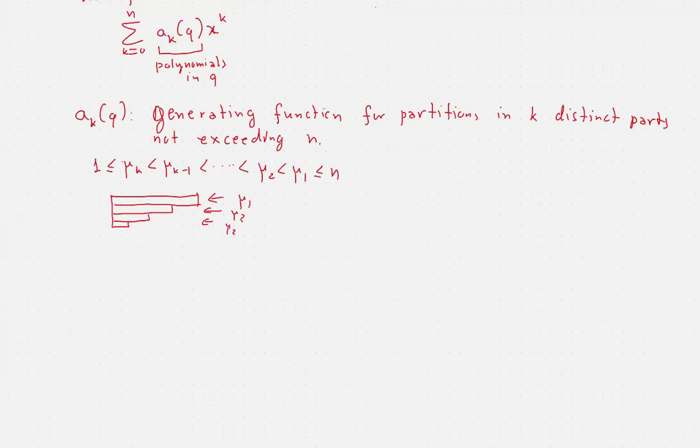So subtract 1 from mu_k, 2 from mu_(k-1), all the way to k from mu1.